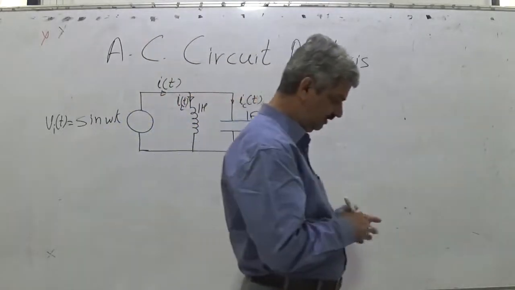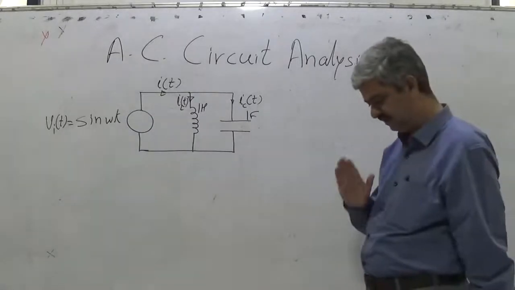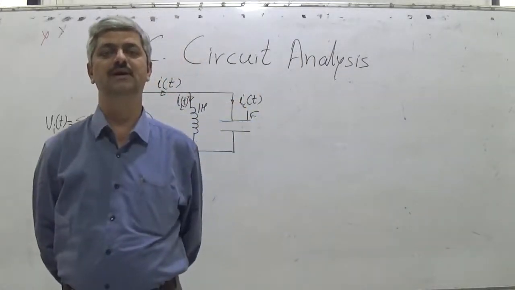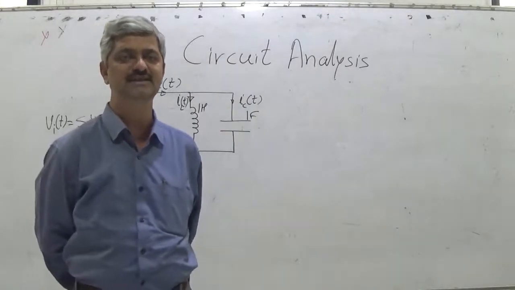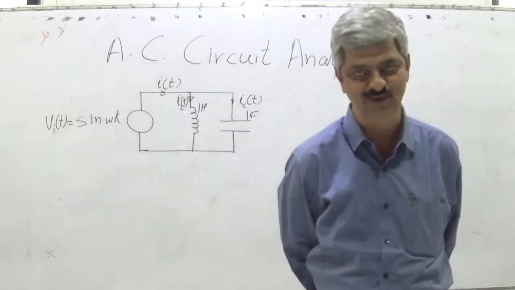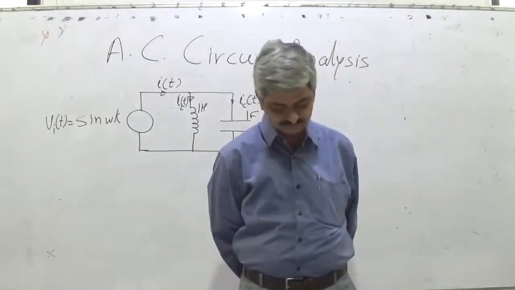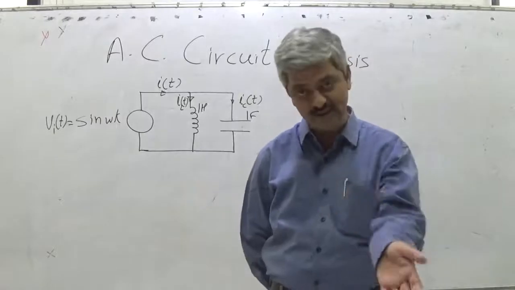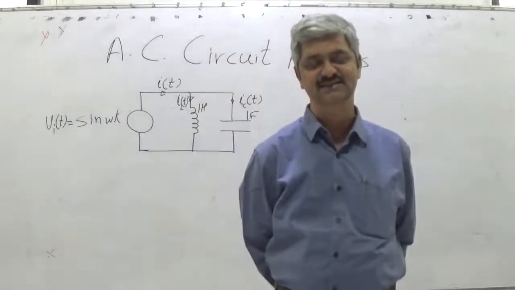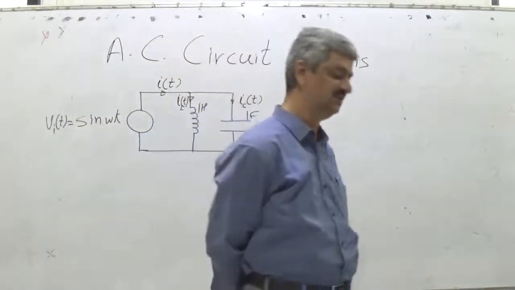So we make use of simple working rule of current through, if a sinusoid is applied, then current through capacitor is voltage upon capacitive reactance, where capacitive reactance is either 1 upon j omega C or minus j upon omega C. And for inductor, the current through inductor is voltage upon XL, where XL is the inductive reactance, which is equal to j omega L. So there is no need of writing differential equation once again.